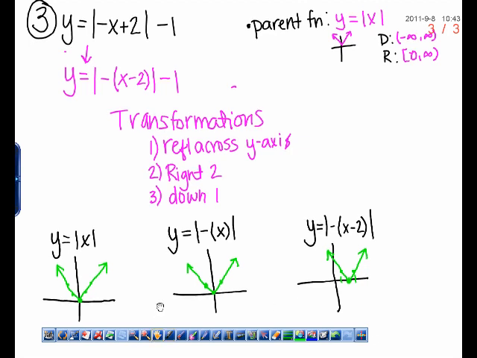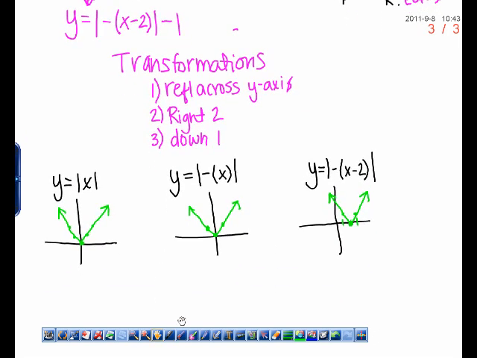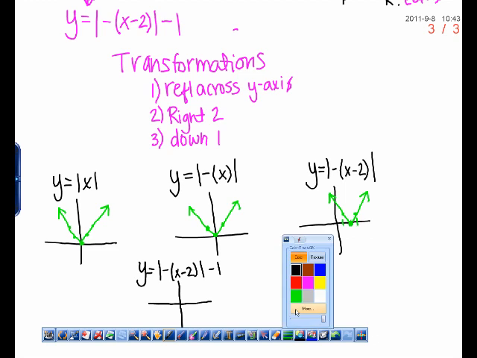Okay, and what's our last step? Down 1. So our last step is to graph the absolute value of negative x minus 2 minus 1. So we're going to take each of our points and just move them down 1.